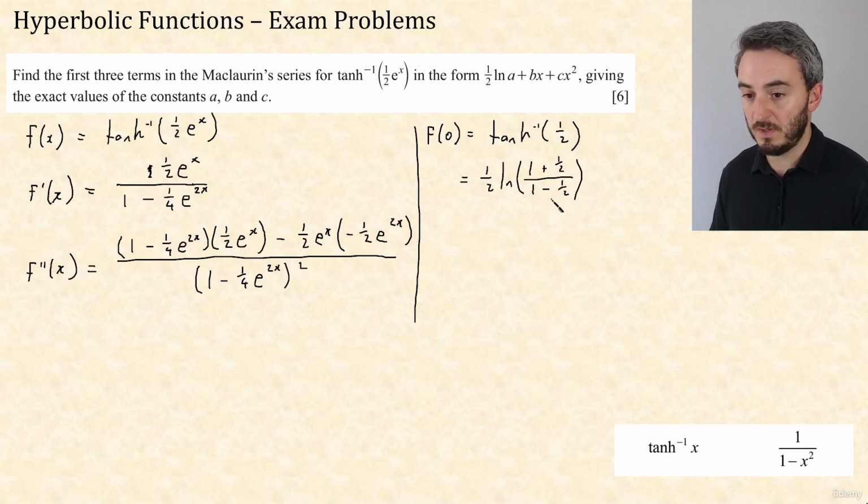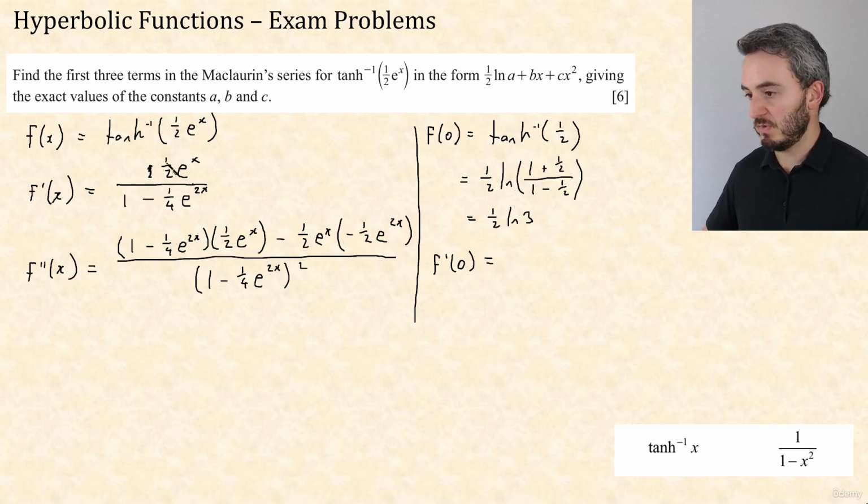So that's 1.5 divided by half, which is 3. And so that's a half ln 3. Now, f dashed of 0 is subbing 0 into here, which is giving me half e to the 0. So that's a half divided by 1 minus a quarter e to the 0, and I get 2/3.